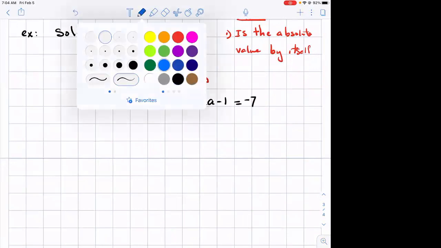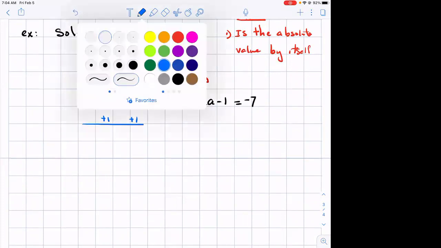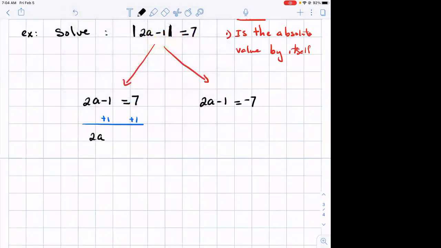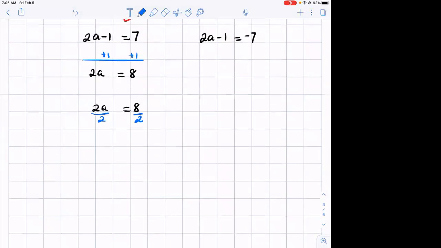So in our example, we will add 1 since we're going across the equal sign. So we have 2a is equal to 8. And then to get a by itself, we'll divide both sides by 2. And this would leave us with a is equal to 4.